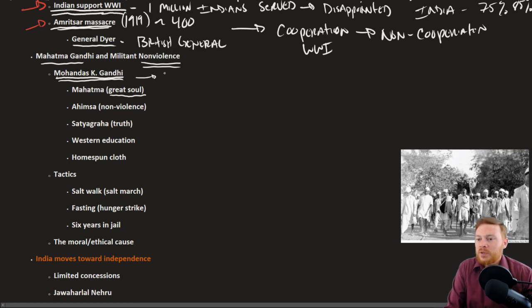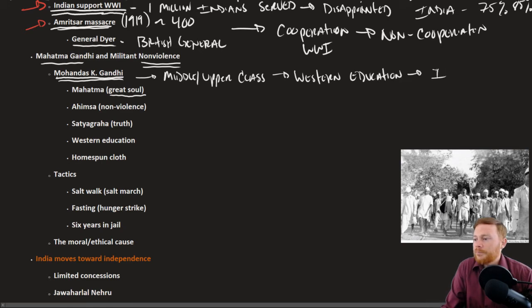Mohandas Gandhi was very much cut from the same cloth as many in the Indian National Congress. He was, we'll say, middle upper class. He was Western educated. He went to England and got his degree, and he was a Hindu, right? So again, these are all pretty characteristic of those who were demanding independence at the time.